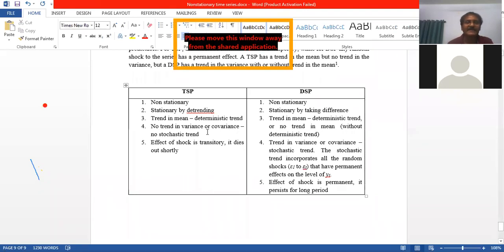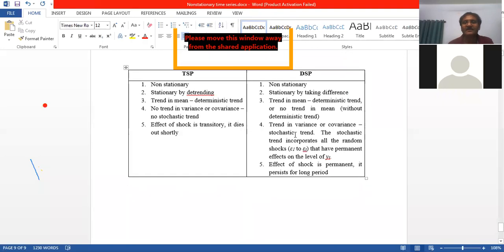In the case of TSP, no trend in the variance, that is no stochastic trend. But in the case of DSP, trend in variance, that is there is a stochastic trend.